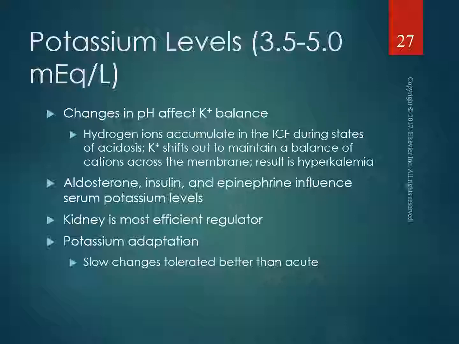A sudden increase in potassium may be fatal, but if the intake of potassium is slowly increased by amounts of no more than 120 milliequivalents per day, the kidney can increase its urinary excretion of potassium and maintain potassium balance. Slow changes are tolerated better than acute ones.